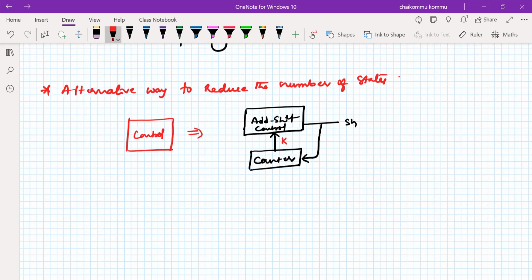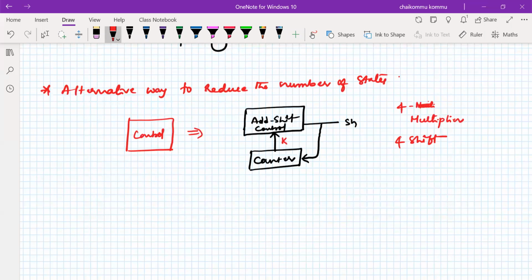How do we do this? The size of the multiplier is 4 bits and it has to perform 4 shifts. That means a 2-bit counter is sufficient. 4 counts it can perform.